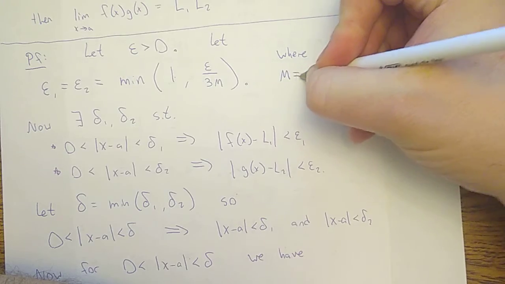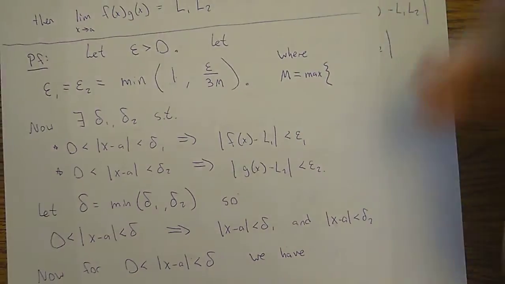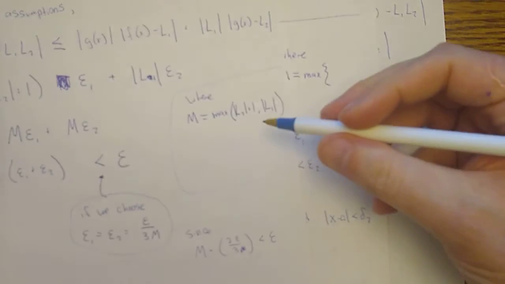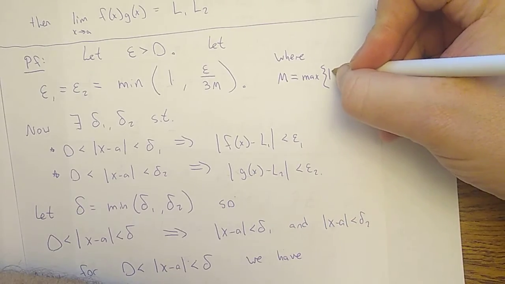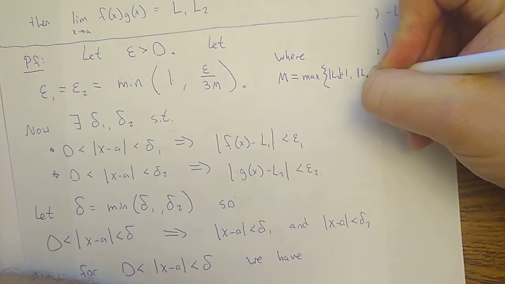I should have said what M was. M is the max of the absolute value of L2 plus 1 and the absolute value of L1.